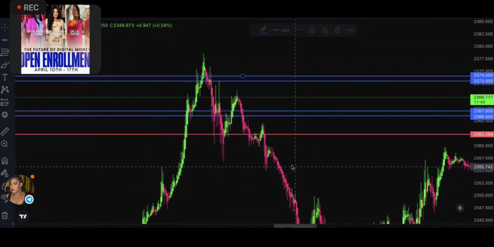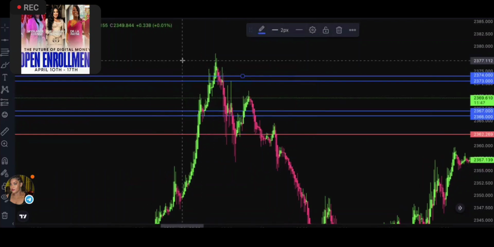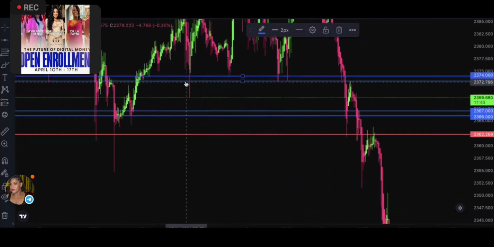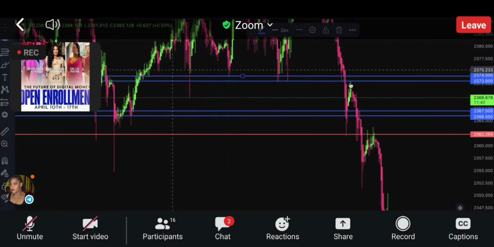All right, so we're looking at 73 to 74. Let me fact check that. Ooh, it's a nice area up here. I want to pull that up. Let's try 75. We can go up a little higher.